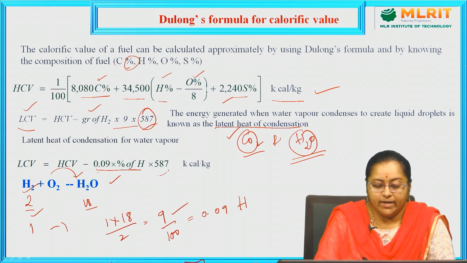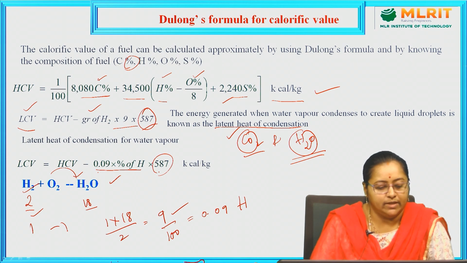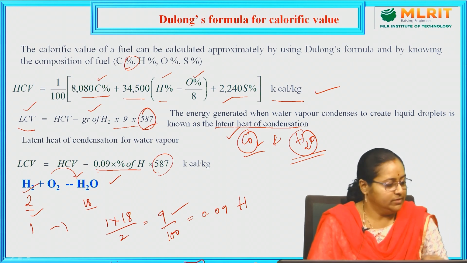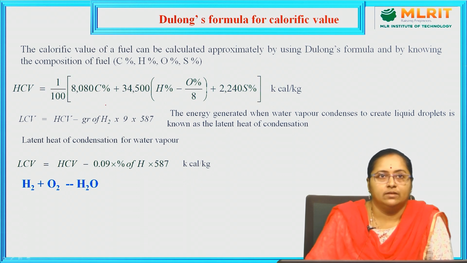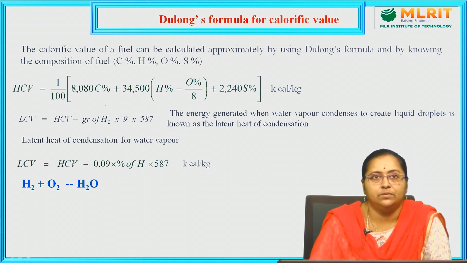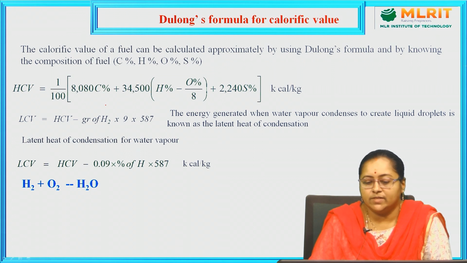This 587, as I told you, is the latent heat of condensation. If you notice the formula for HCV, it is 1 by 100 into 8080 into percentage of carbon plus 34,500 into percentage of H minus percentage of oxygen divided by 8, plus 2240 into percentage of sulfur, kilocalories per kg.